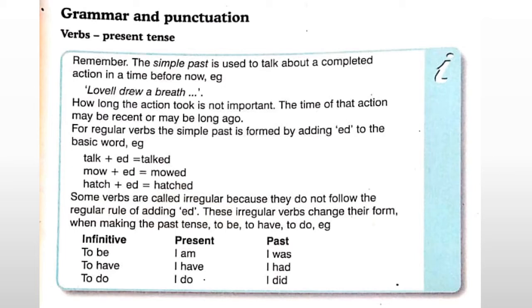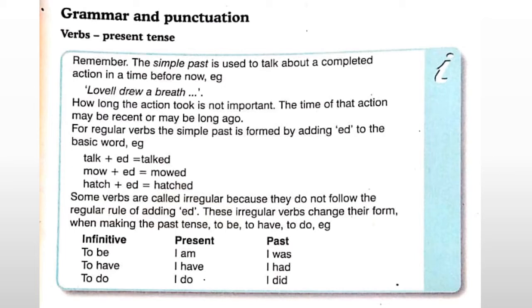We are talking about a completed action, something that has happened before now. Lovell drew a breath. Right? Past tense verb drew. How long the action took is not important. The time of that action may be recent or may be long ago. Anyway, it's done. It's over. That's what you need to know.